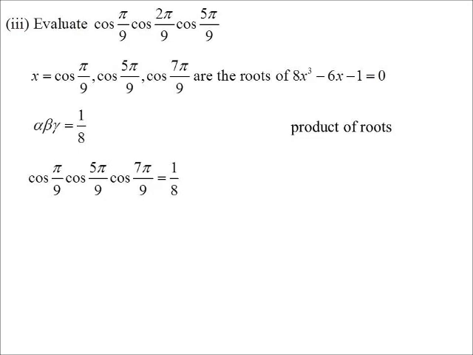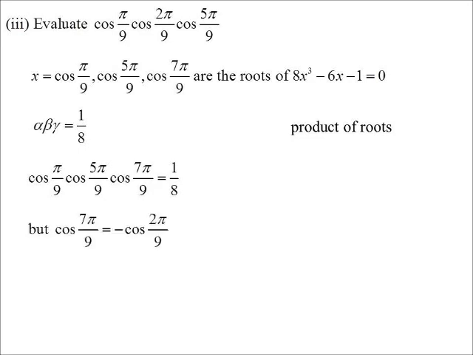So cos pi on 9 times cos 5 pi on 9 times cos 7 pi on 9, not quite the same. I've got a 7 pi on 9, they've got a 2 pi on 9. Now we start playing with which quadrant is it in, odd even functions, all these sorts of ideas to try and get the one we want. So I want to turn this 7 pi on 9 into 2 pi on 9.